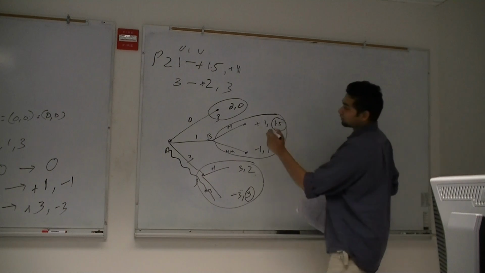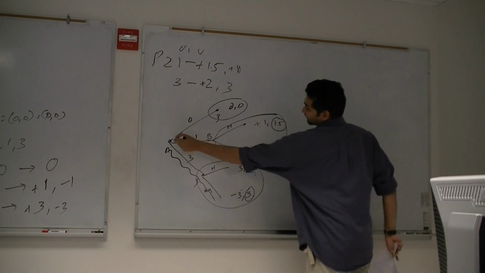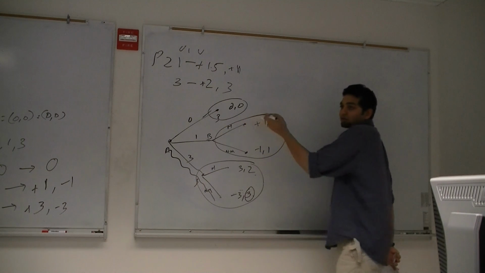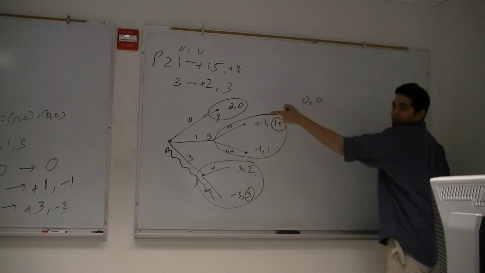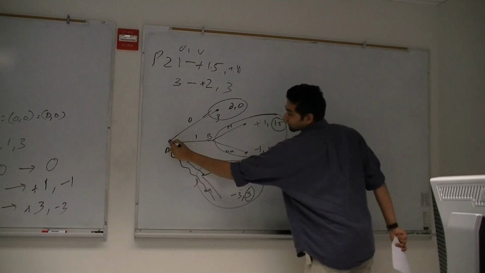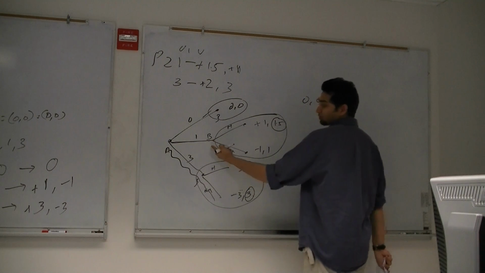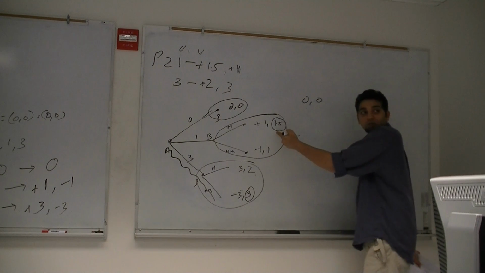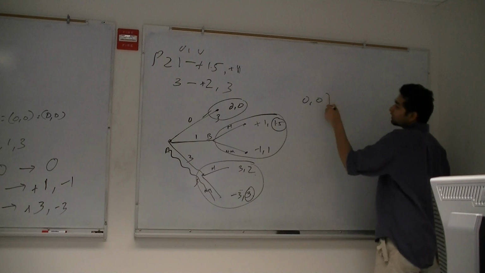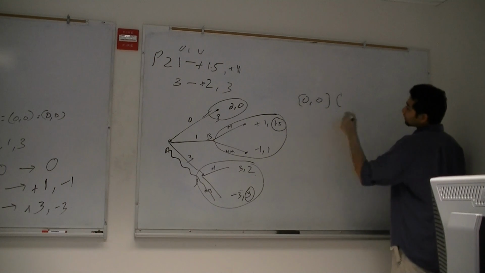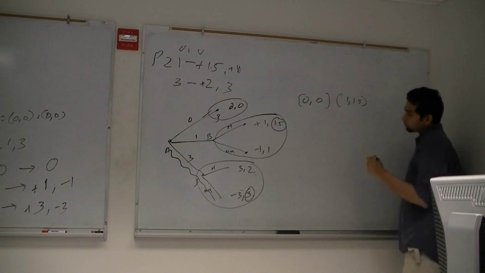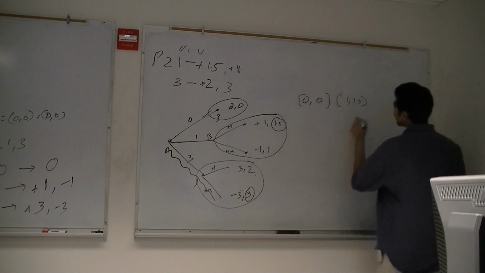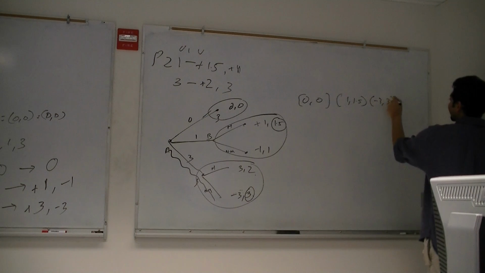If this is the only choice he makes, the solution is pretty evident. So it's basically 0, 0. If Sean chooses 1, Bay would always choose 1.5. So the solution here is 1.5. And if he chooses 3, this would be the payoff that they get.